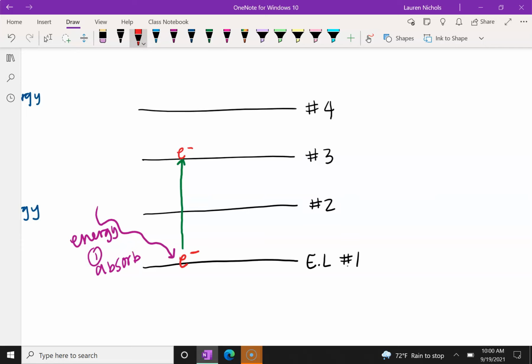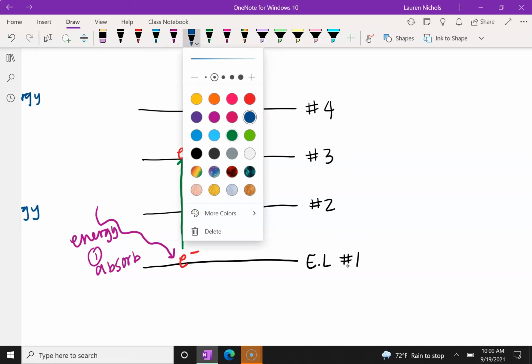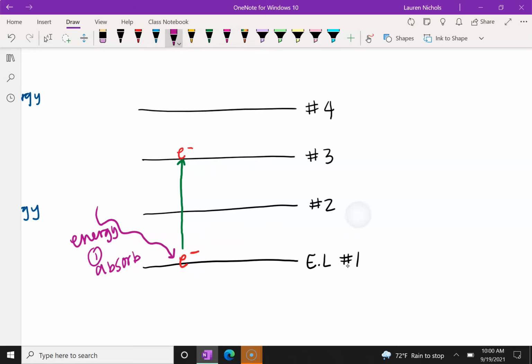Well, then the electron is going to have to come back down. And in order to do that, it's going to release light. So let's say it releases yellow light. Oops, that's not yellow, that's purple. So it releases a photon. So step 1, it absorbs, it moves.